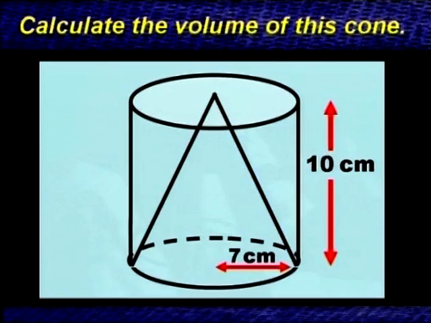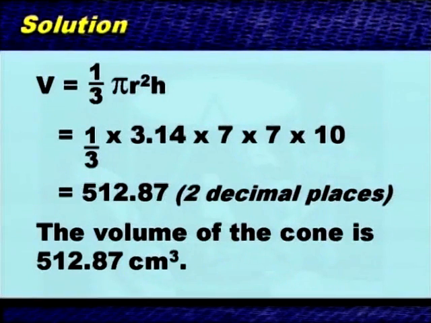So using the formula, volume is equal to 1/3 pi r squared times the height. So here, 1/3 times pi r squared, 3.14, times the radius, which is 7, times 10, the height.